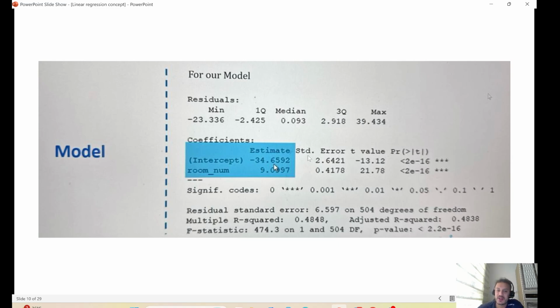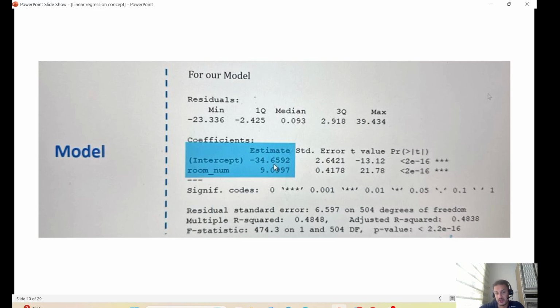So what does the estimated value mean? It means the intercept, beta 0, is minus 34.6, and for beta 1, every 1 unit change in room number changes the prediction by 9.0997.